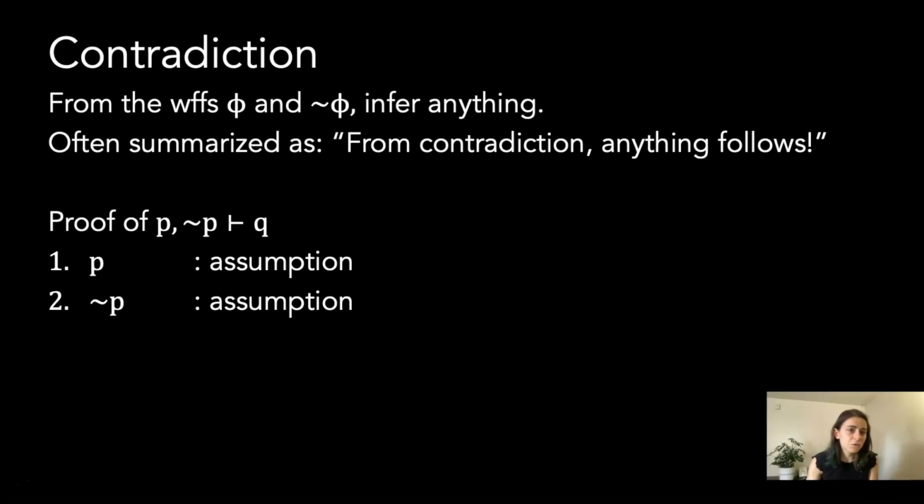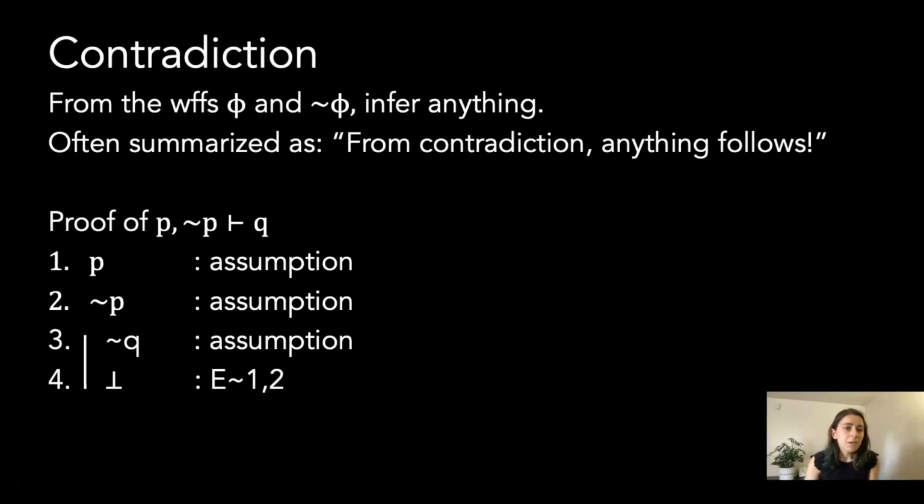Suppose I have the two things that contradict each other. I have P and negation P. I can have them as assumptions or as somewhere in my proof. Then what I'll do is I'll hypothesize anything that I want. So suppose I want to conclude Q. I'll hypothesize the negation of Q. Now I can write the bot and say that there's a contradiction on P and not P. Q has nothing at all to do with the contradiction that I'm going to show.